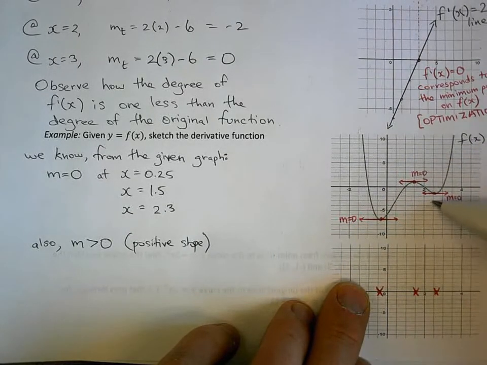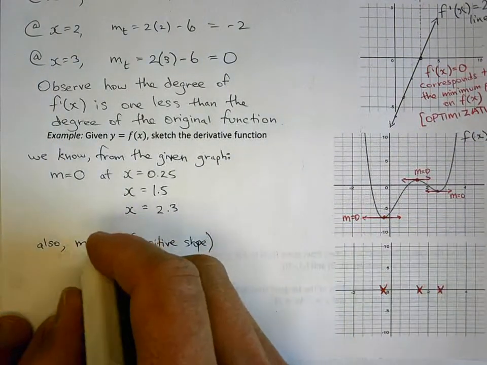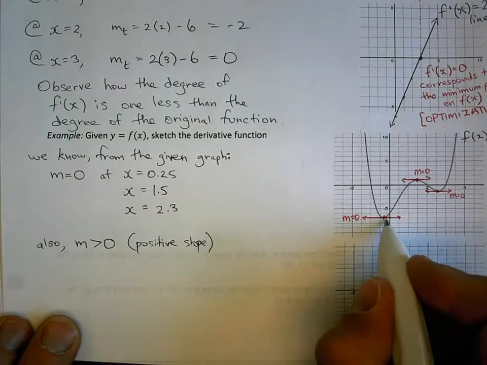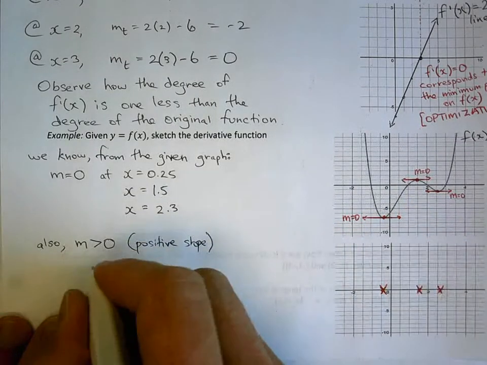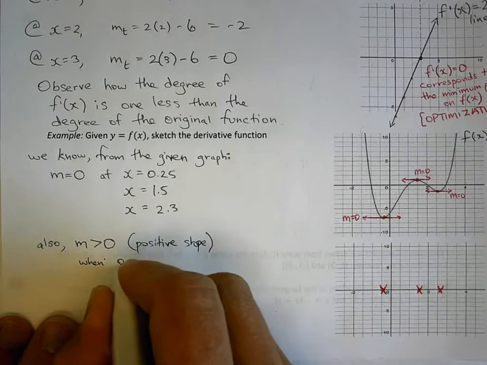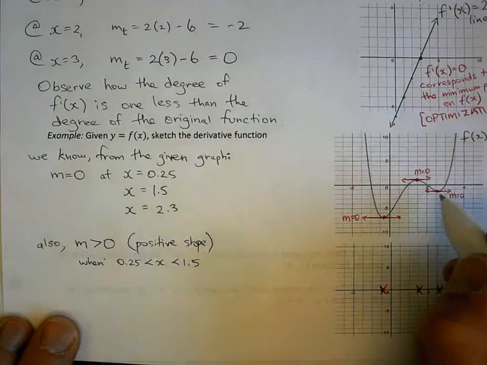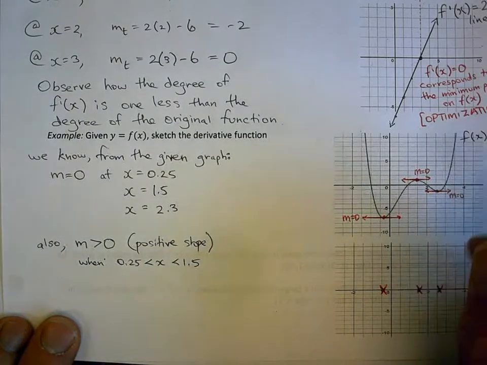Same with here. So what are those regions? Well, this would be from x between 0.25 and 1.5, and when x is greater than 2.3.